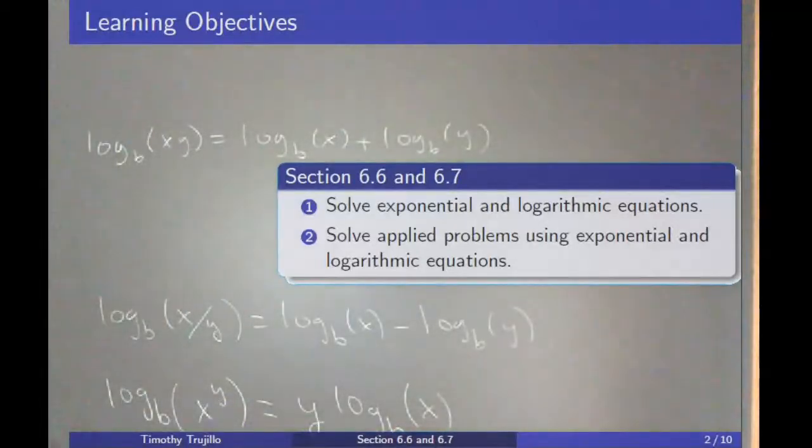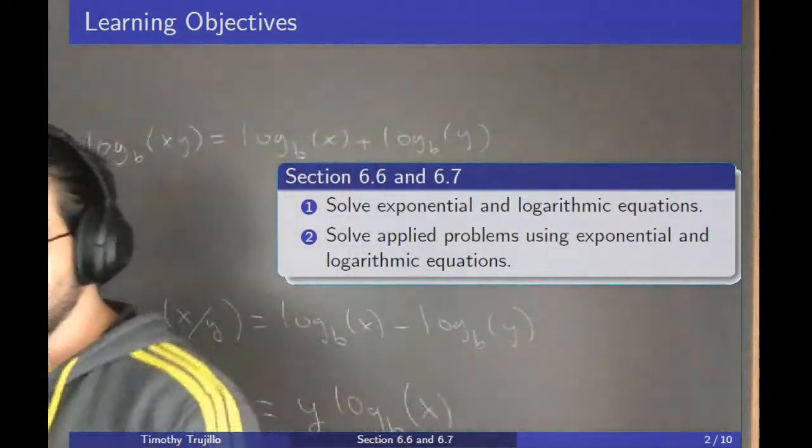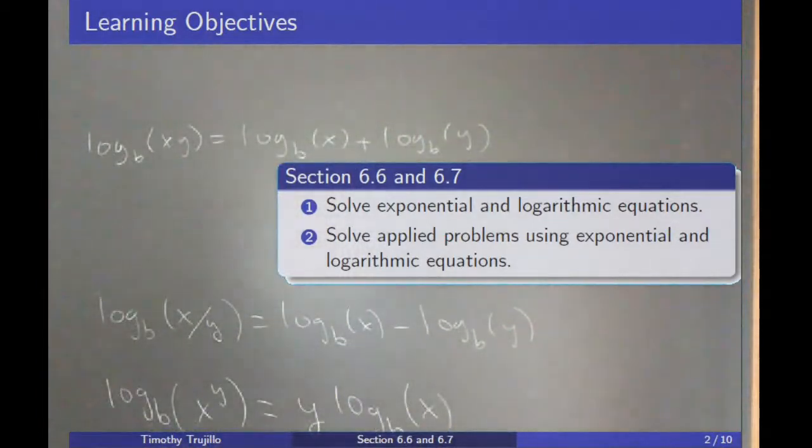This one is the most important because it allows us to take an unknown from the exponent and bring it down to the front of the logarithm. And so we'll be able to use that to solve a lot of exponential equations, equations that have an unknown up in the exponent.